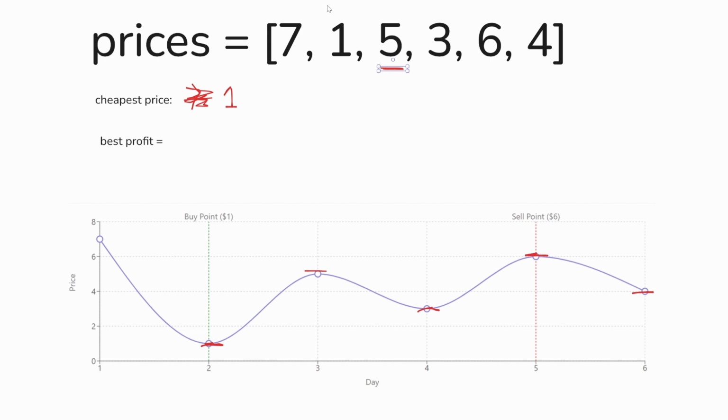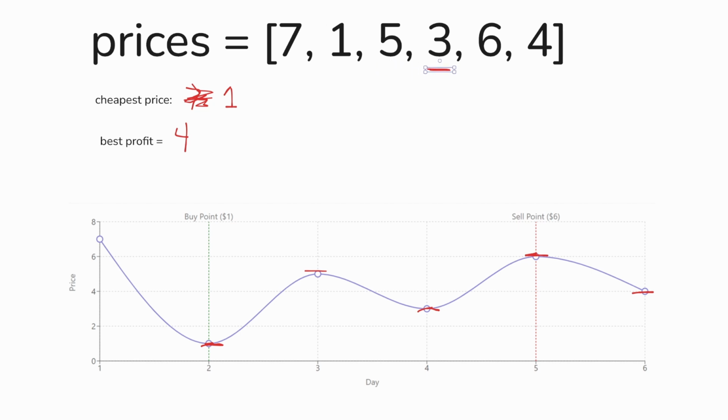We do that by taking 5, the price we'd sell at, minus the cheapest price day, which was 1. So 5 minus 1 is 4. Right now, the best profit that we can find is 4. Perfect. And remember, we're trying to find the maximum profit.